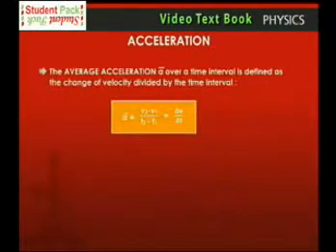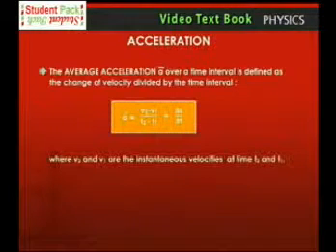The average acceleration a bar over a time interval is therefore defined as the change of velocity divided by the time interval. That is, a bar is equal to (v2 minus v1) by (t2 minus t1), which is equal to delta v by delta t, where v2 and v1 are the instantaneous velocities or simply velocities at time t2 and t1.